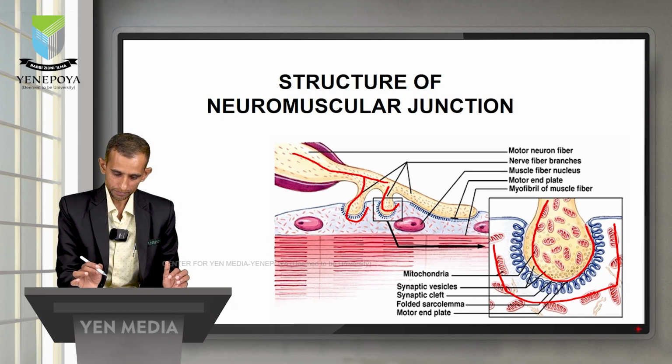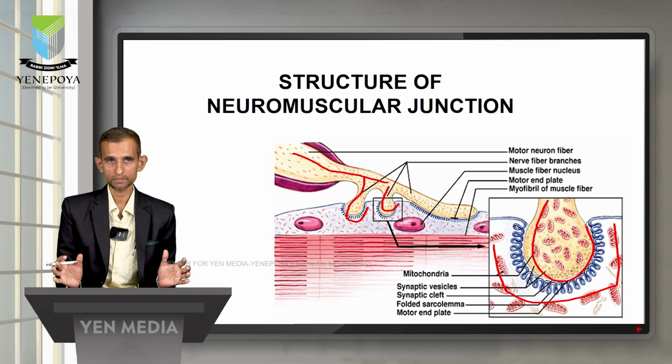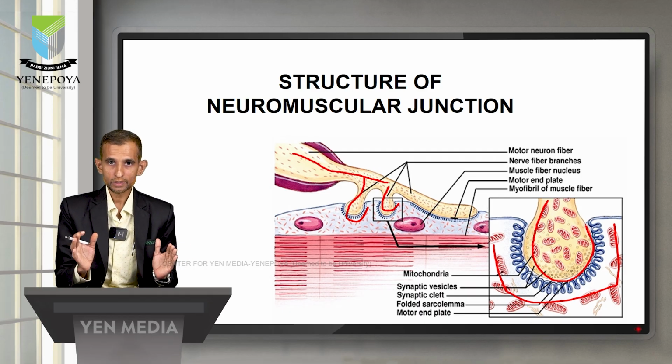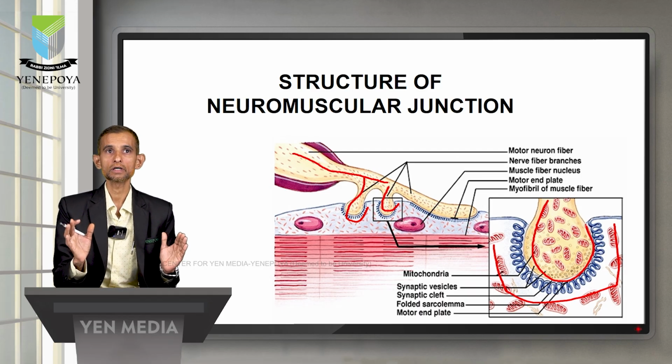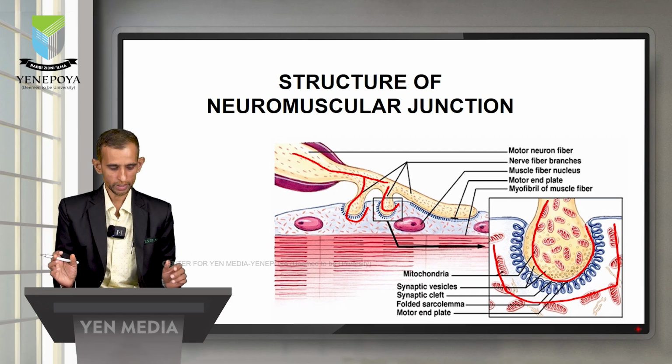You can also see many nerve folds, which increase the surface area. So now you have clearly understood the structures of the neuromuscular junction.